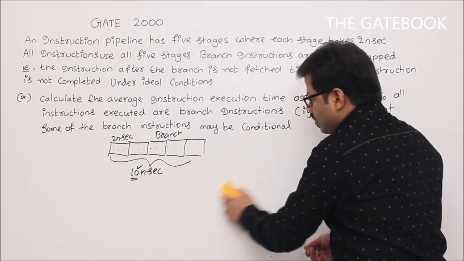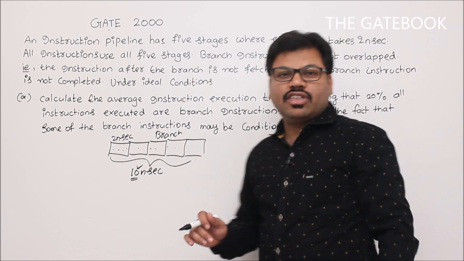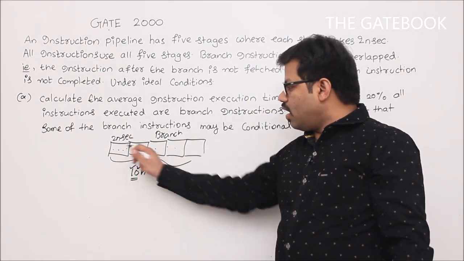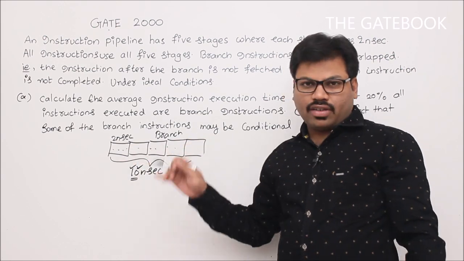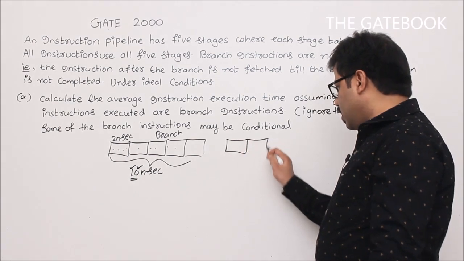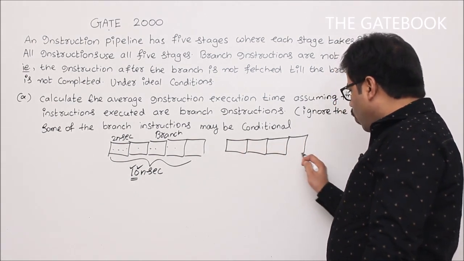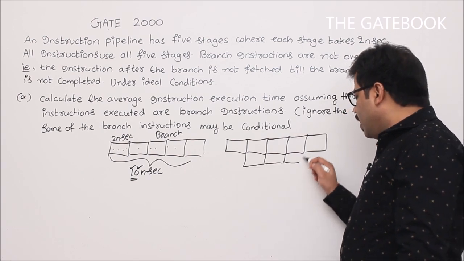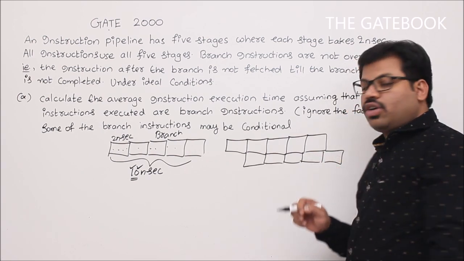So let us summarize. There are 2 kinds of instructions, branch and non-branch. Every branch instruction requires all the cycles because there is no overlapping, so it requires 10 nanoseconds. If an instruction allows overlapping, then we effectively require only 2 nanoseconds to execute.